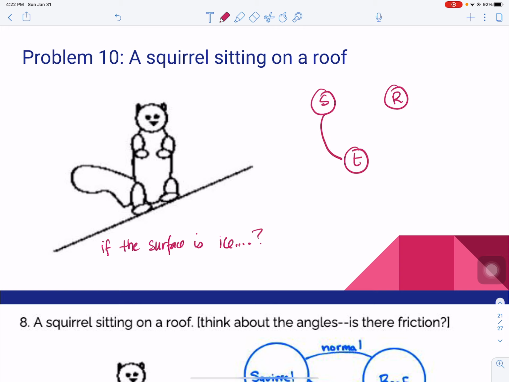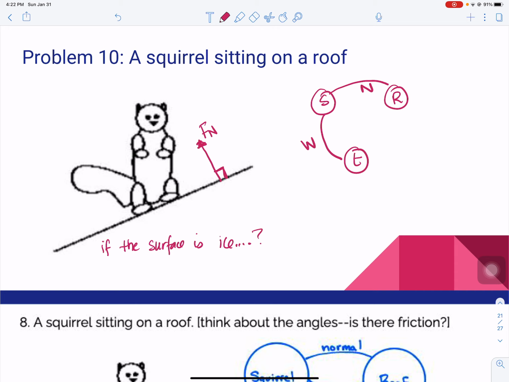We know we have weight or gravity. And we know we have normal. What direction does the normal force go? Hopefully you got this correct. It goes up and to the left. That's my F normal, because remember it makes a perpendicular line. Okay.